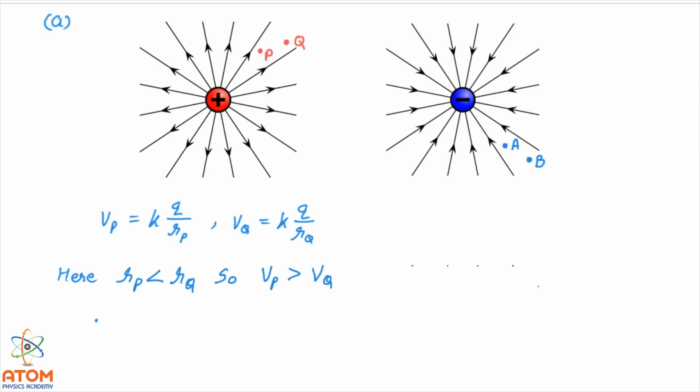And that's why when you take the difference Vp minus Vq, then this difference will be greater than 0. So this is going to be positive.